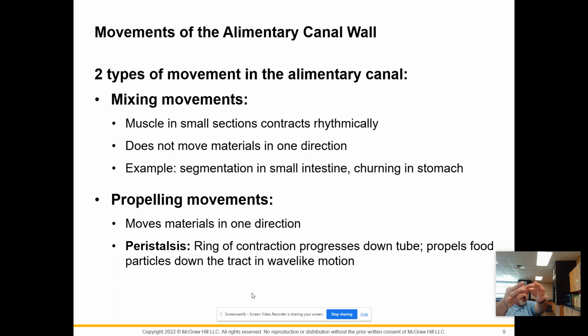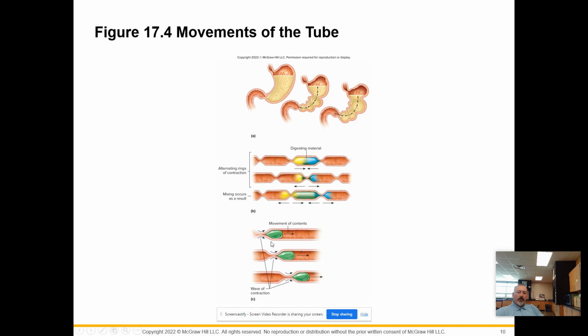This alternation of contractions as it moves stuff downward would represent a peristaltic movement. Peristalsis is the rhythmic contractions in a wave-like motion that moves food down. So here we have the movement, and here's the peristalsis right here, moving this bolus all the way down through that peristaltic action.